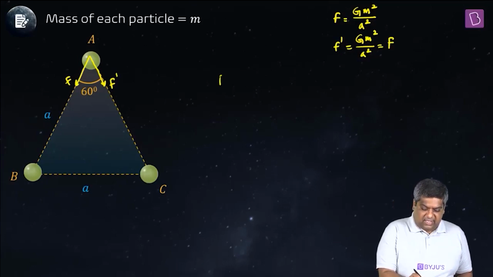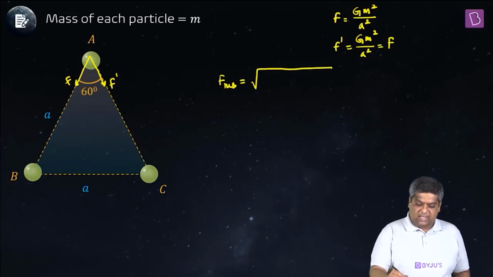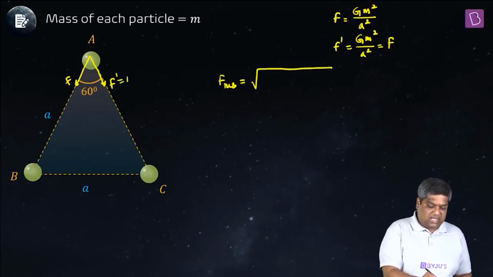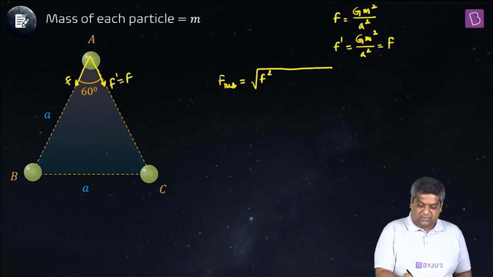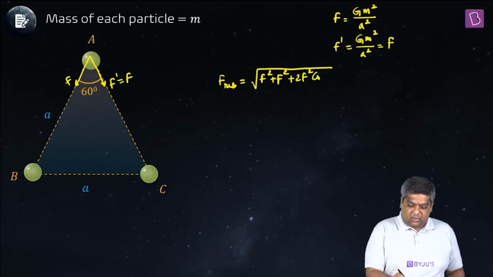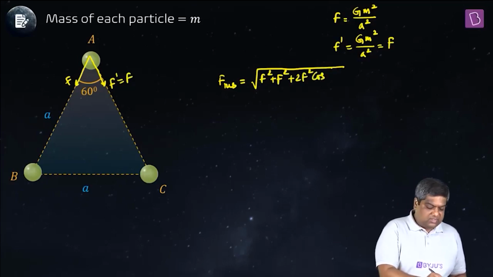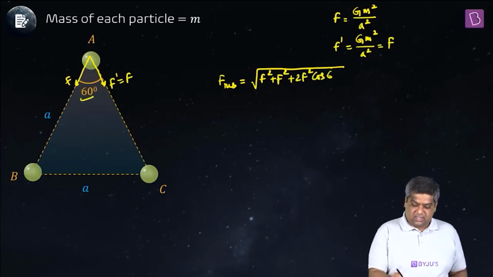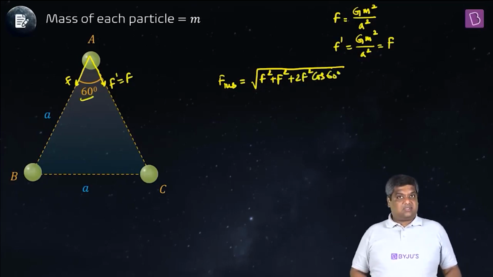So F resultant will be equal to root of A squared plus B squared plus 2AB cosine of the angle between the two forces. Both the forces are equal to F. So F squared plus F squared plus 2AB, which is again F squared, cosine of the angle between the two forces, which is 60 degrees. Cos 60 is half.